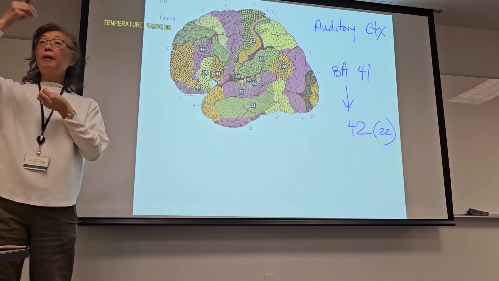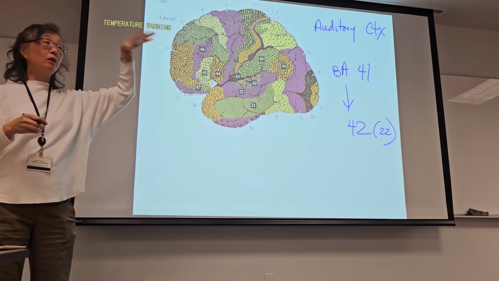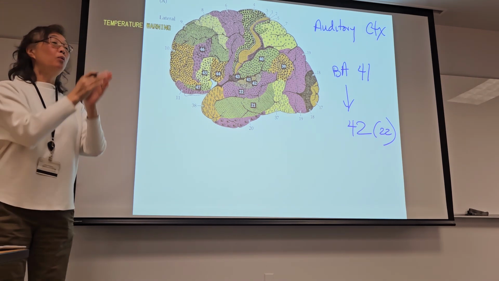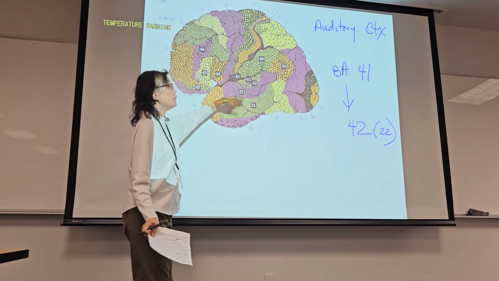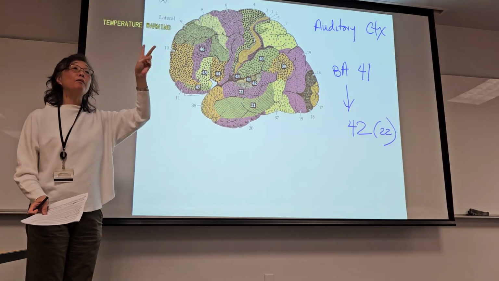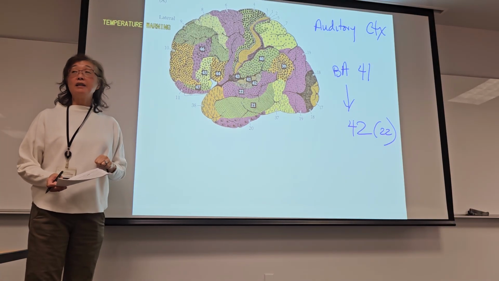So most of the pathway that you get from the cochlea to the cortex is already carrying two ears bilaterally. So once we damage one, the other 41 on the other side already has information from both ears. So losing a 41 doesn't get you a very big deficit.